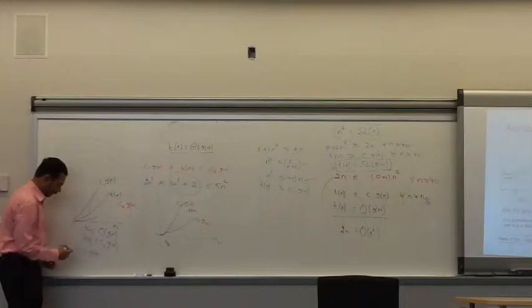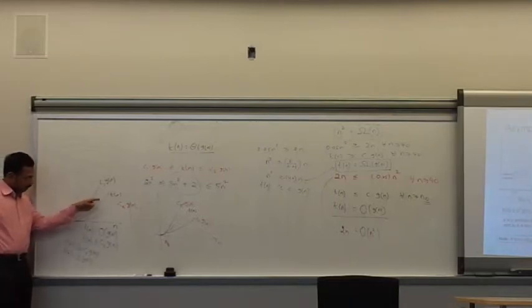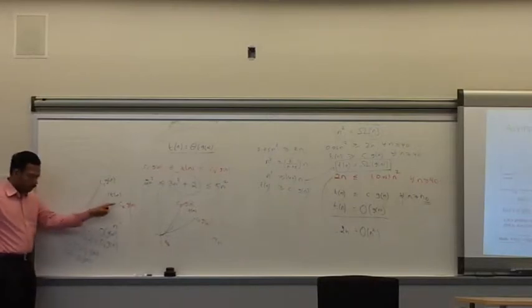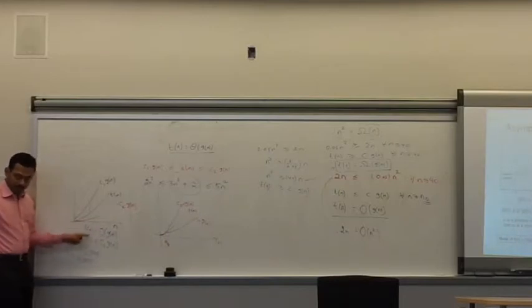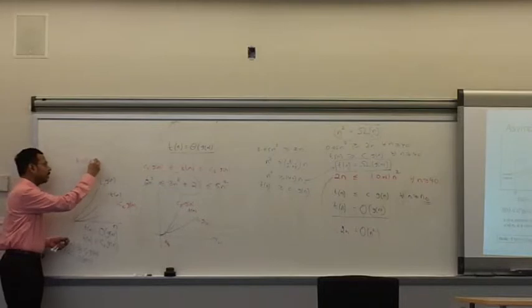So what can I say with that? t of n is big omega of g of n. So if that is the case, we can also see an interesting relationship. If t of n is always less than or equal to C1 times g of n, and greater than or equal to C2 times g of n, we can say this is big O and omega, right? If these two things are true, then t of n is also theta of g of n.